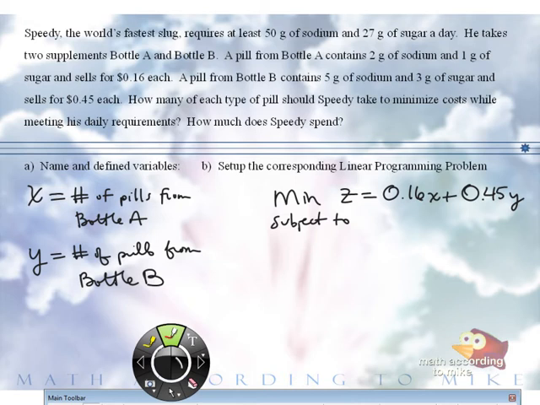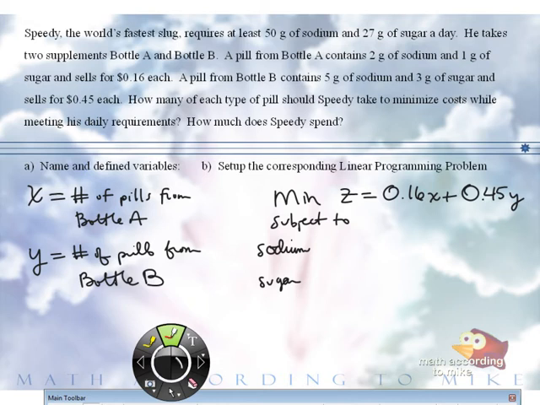We need to get at least 50 grams of sodium and at least 27 grams of sugar. Good. So we're going to have a restriction on how much sodium and how much sugar. Writing that down is optional. However, it's helpful because it reminds you to put all the sodium and all the sugar numbers together.